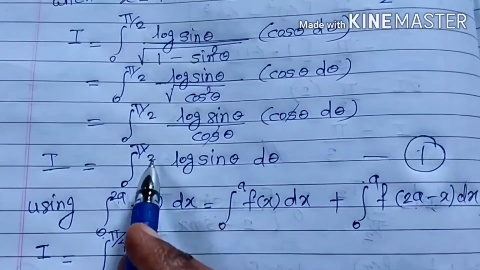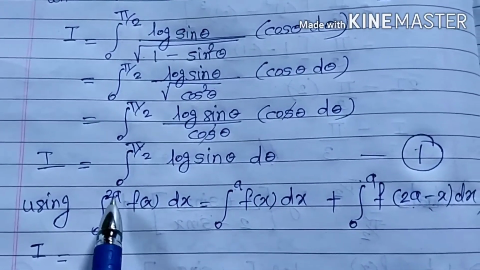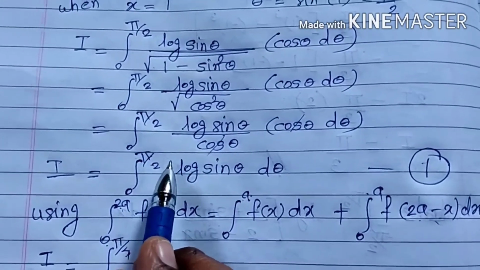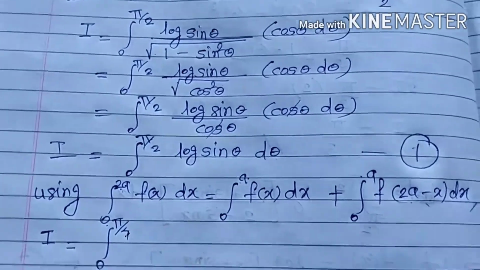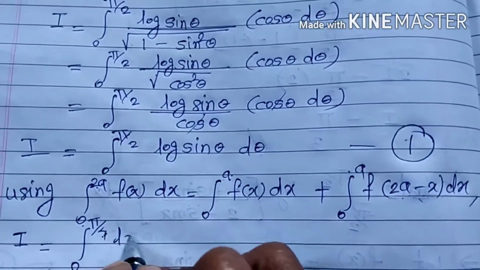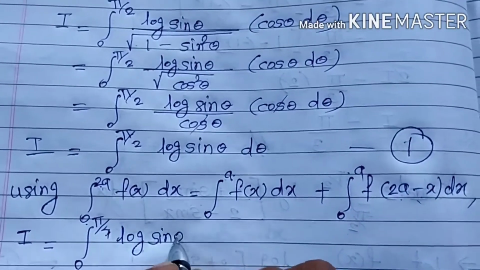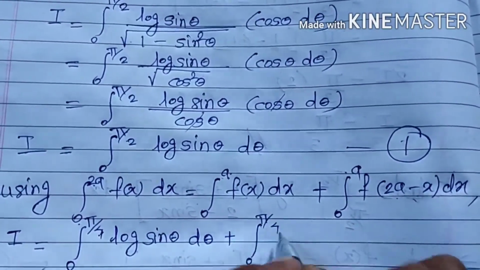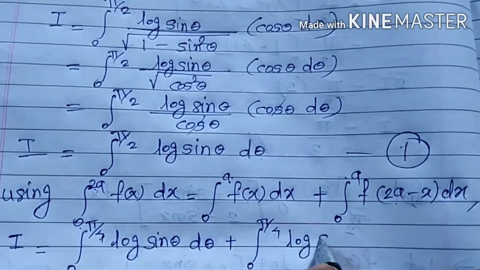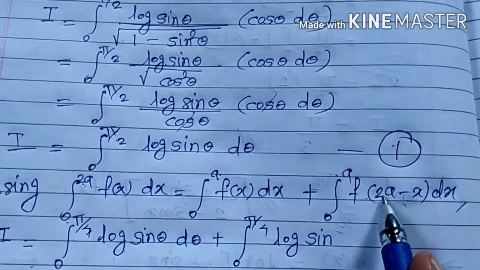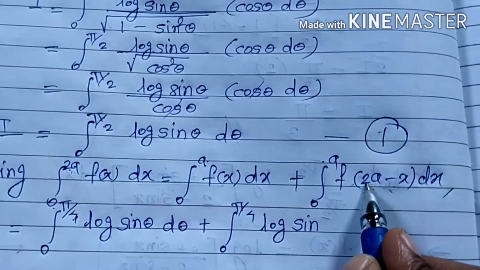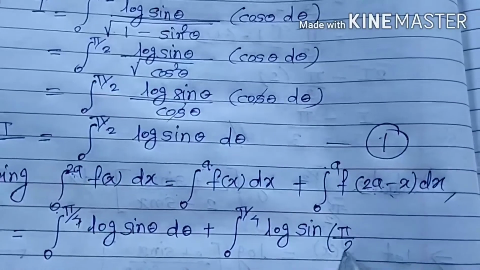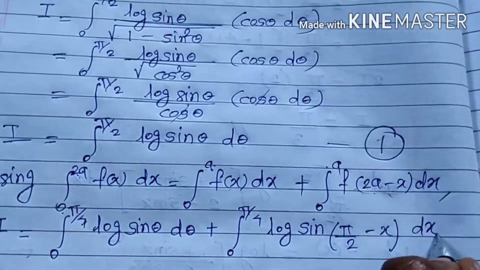Student note that here the limit is pi by 2 and here the limit is pi by 4, because it is double then it is single. So pi by 2 into 1 upon 2, so it will become pi by 4. Okay. And log of sin theta d theta as it is, plus the integral from 0 to pi by 4 of log of sin. Now here the limit will not change, the function will change to 2a minus x, but here 2a is pi by 2, so it is pi by 2 minus x dx. Okay.